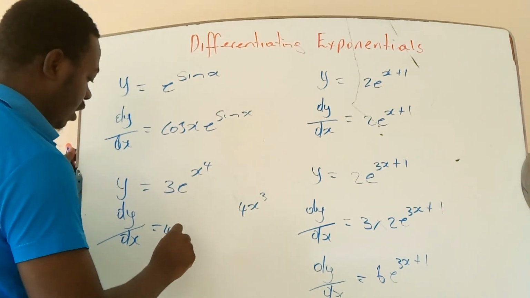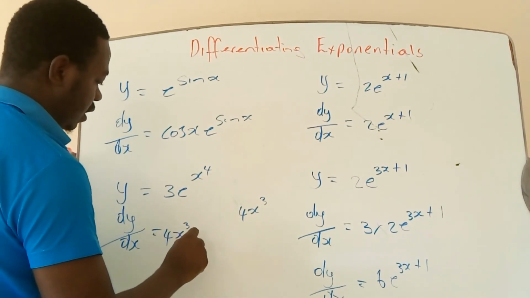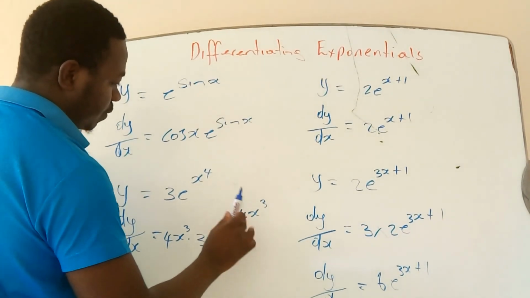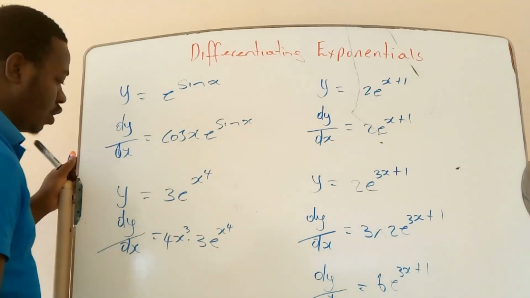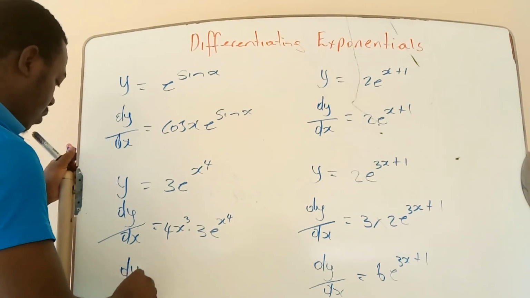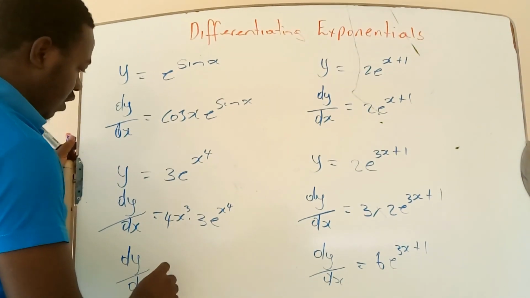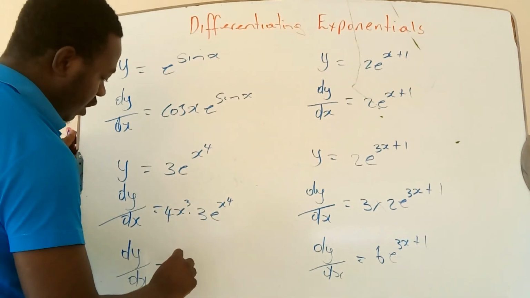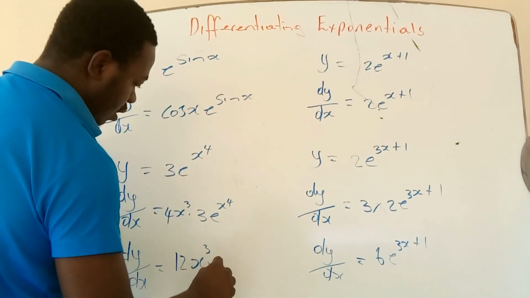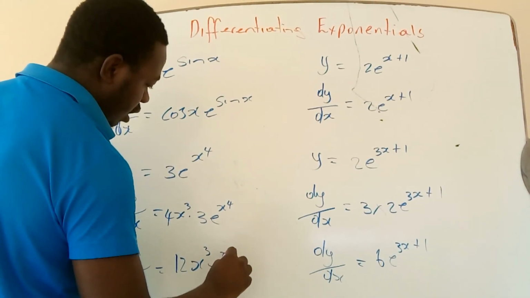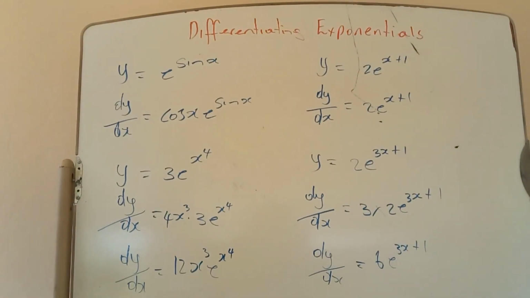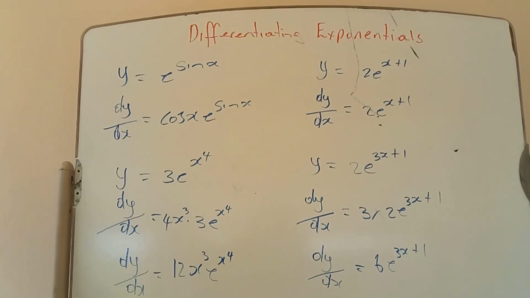So it's going to be 4x to the third times 3e to the x to the fourth. Right? Now you can combine this, and all you will get is dy by dx is equal to 4 times 3, that is 12, so that can be 12x to the third e to the x to the fourth. Alright? And that's it. That's how you differentiate an exponential function, right?